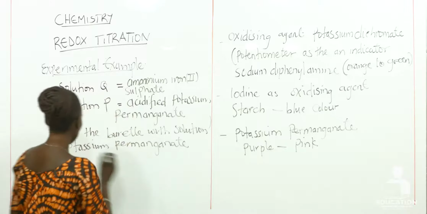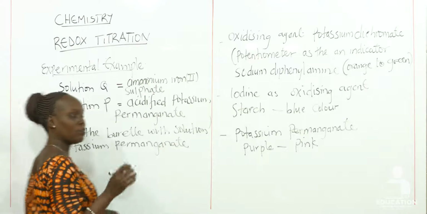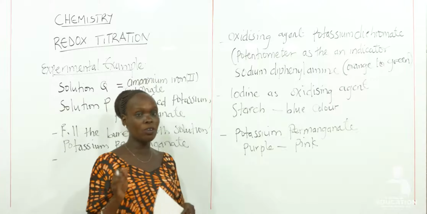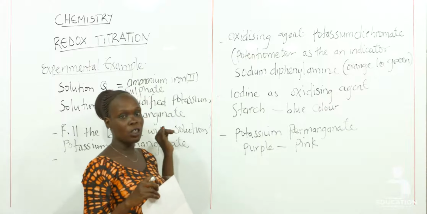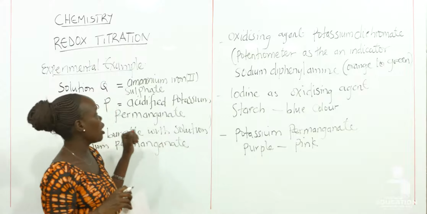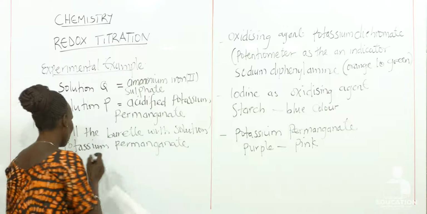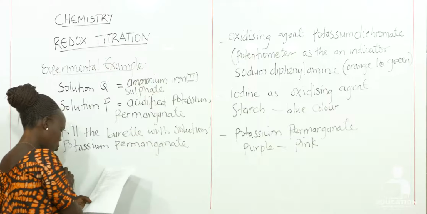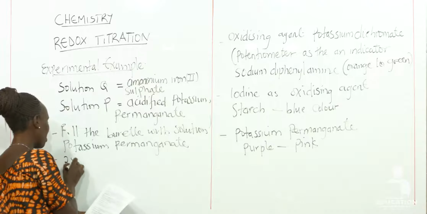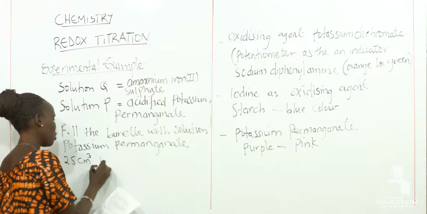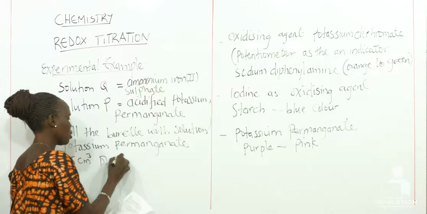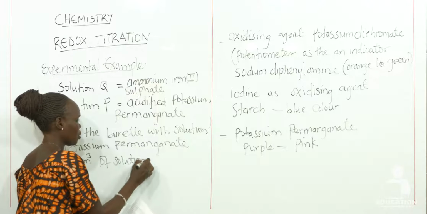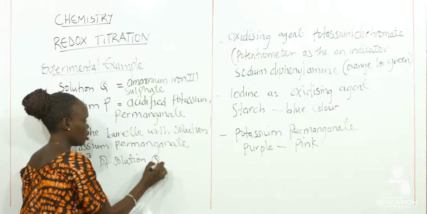We shall take 25 cm³ of the prepared solution Q, which is ammonium iron(II) sulfate, using a pipette.